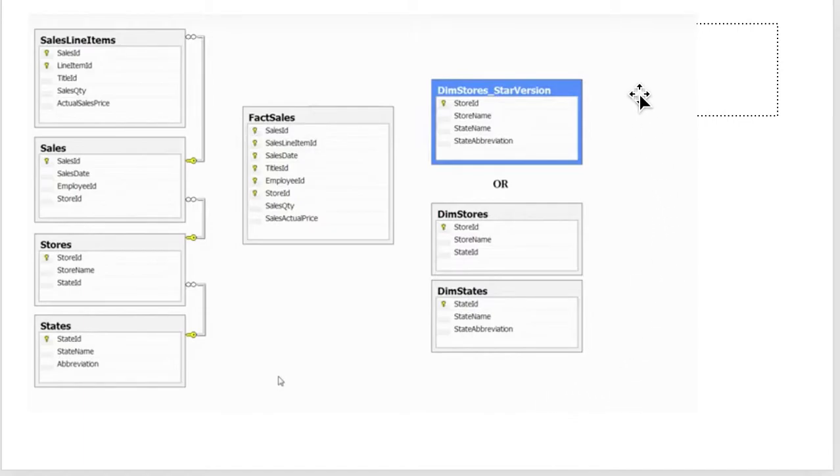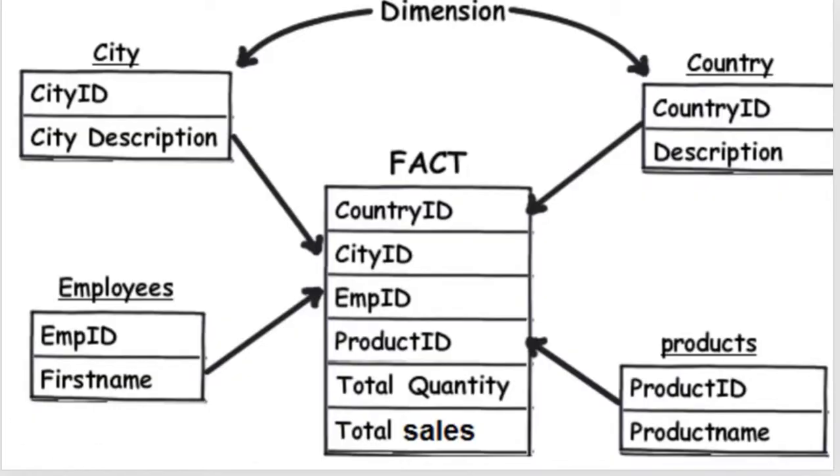In one word, the star version just allow one dimension table, but for the snowflake version, it allows several for just one dimension aspect. Here's another example.